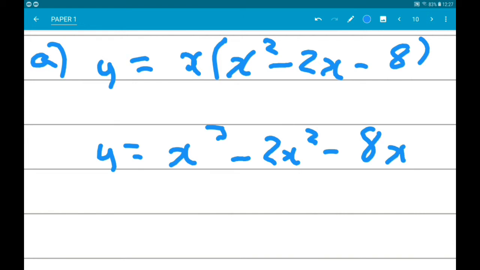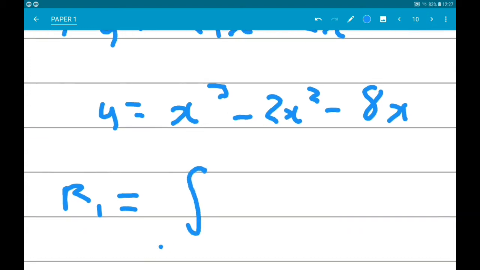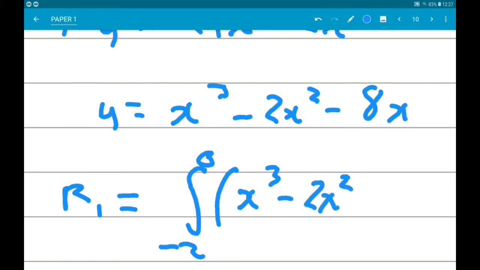Okay, next we know that R1 is the integral between minus 2 and 0 of x cubed minus 2x squared minus 8x with respect to x.